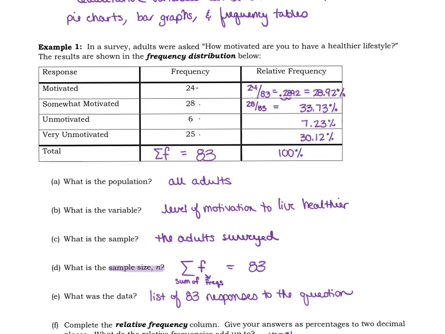Okay. You could say, about a third of the people are very unmotivated. Fewer people are unmotivated than very unmotivated. Again, take whatever you want from that and draw your conclusions. There's a lot of different things that you can say about what's there.